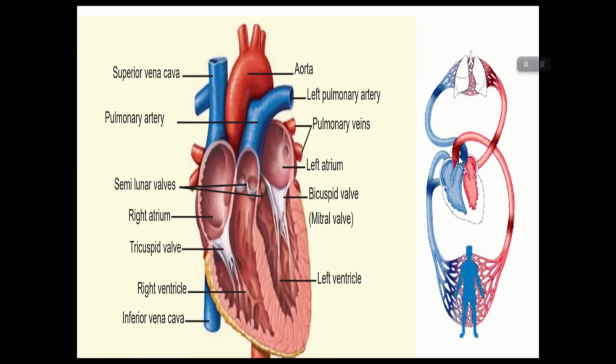Superior vena cava and inferior vena cava bring impure blood to the right atrium, then it flows to the right ventricle via the tricuspid valve. Then the pulmonary semilunar valves at the starting point of the pulmonary artery open, and impure blood flows to the pulmonary artery.